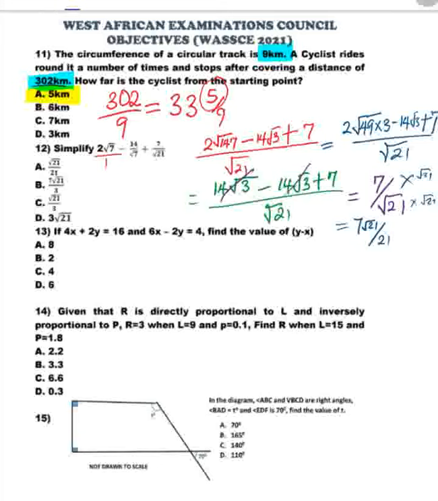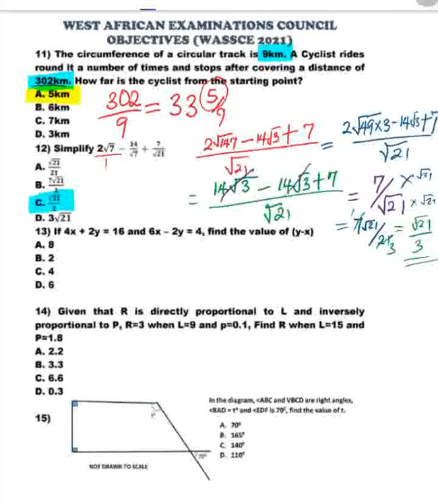And when we simplify the expression, we're going to have 7 here 1, 7 here 3. So we're going to have root 21 over 3. And that is the correct answer. So the correct option will be C.